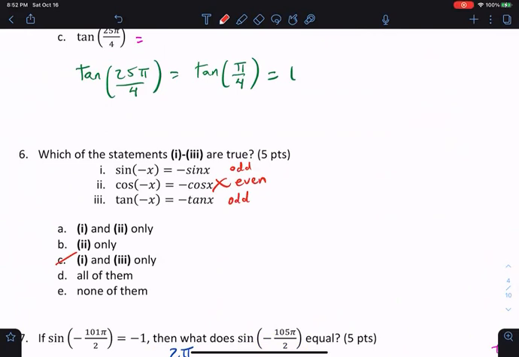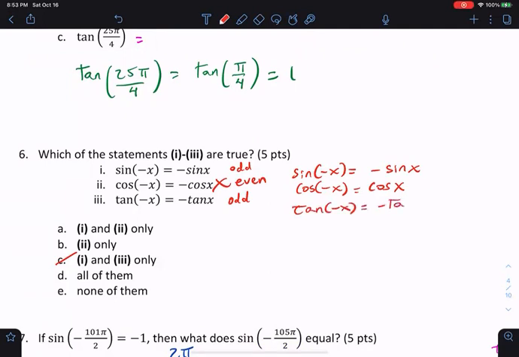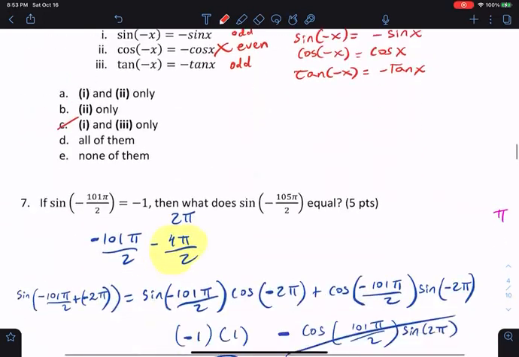That means that sine negative x is negative sine x, right? Cosine negative x is just cosine x because it's even, right? And tangent negative x is negative tangent x. Okay, so you have to keep that in mind. So this is odd, even, odd, right? Okay, that's it. Next.